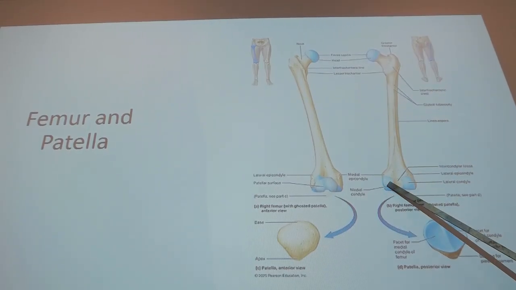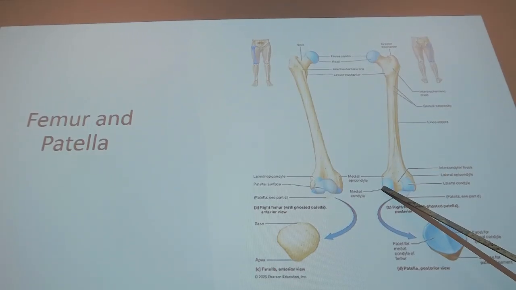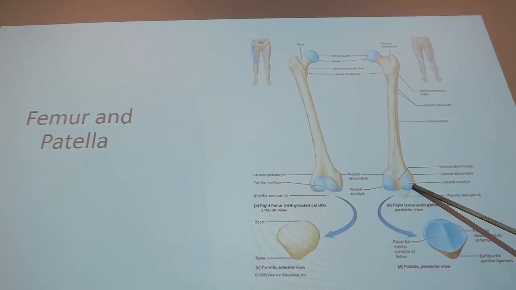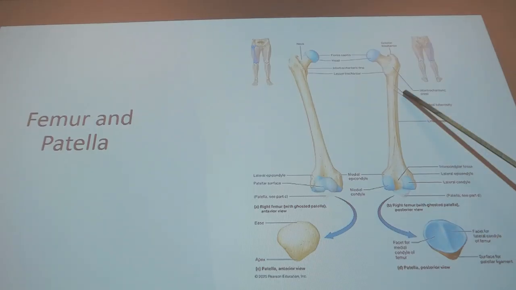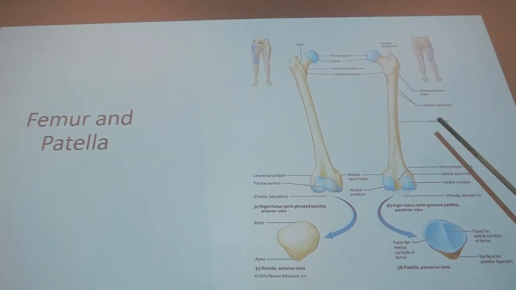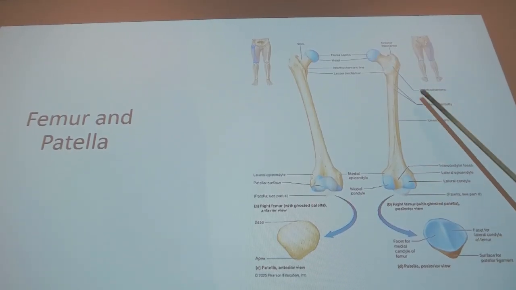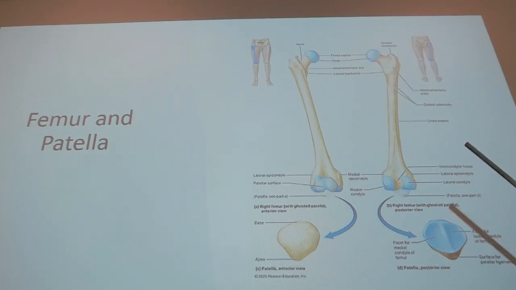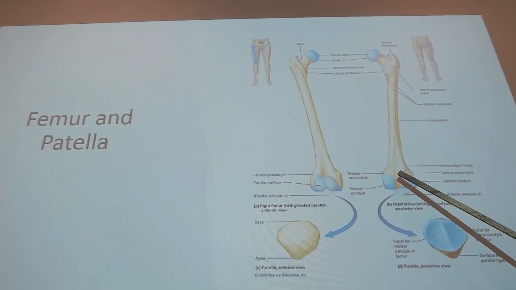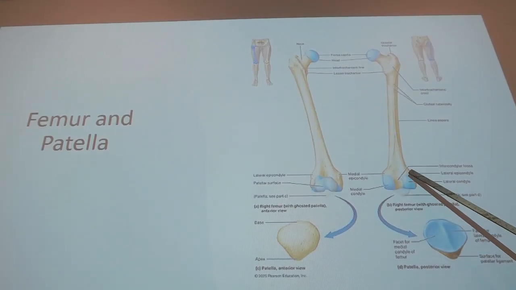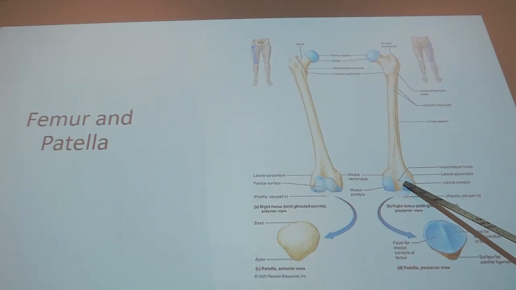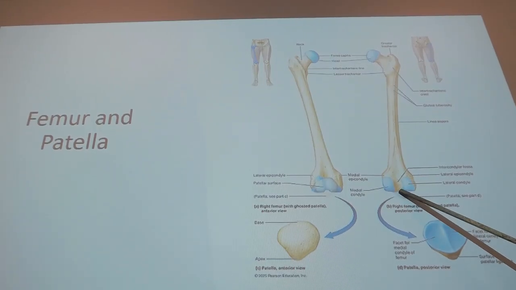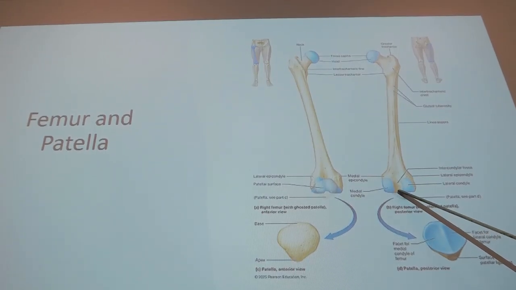So if it's on the side of the head, this has to be medial. And opposite is lateral. And you can see the greater trochanter here, which is lateral. Now, in between the medial and the lateral condyle, there is this fossa, which is called the intercondylar fossa.